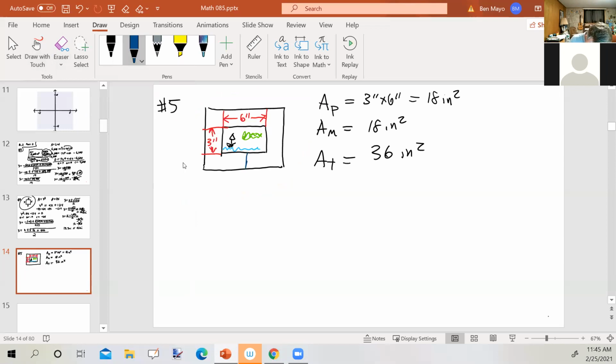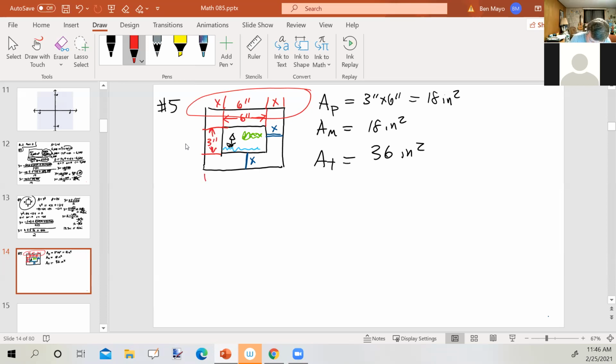So what if we called this width X, and we called that width, which would be the same thing, X? So that mat all the way around, we're going to call its width X units, okay? Now, consider this side right there. We've got 6 inches there, we've got X inches there, and X inches there.